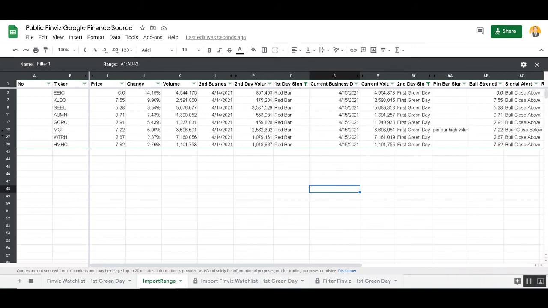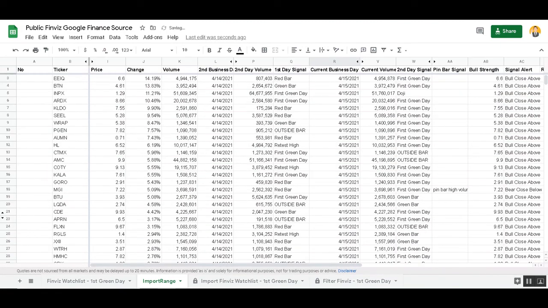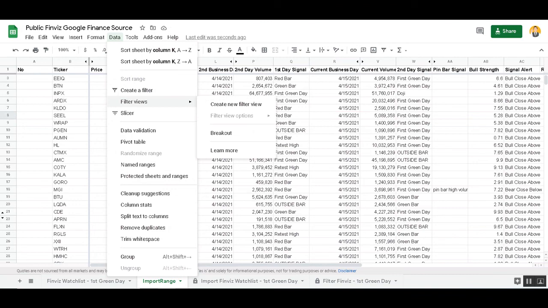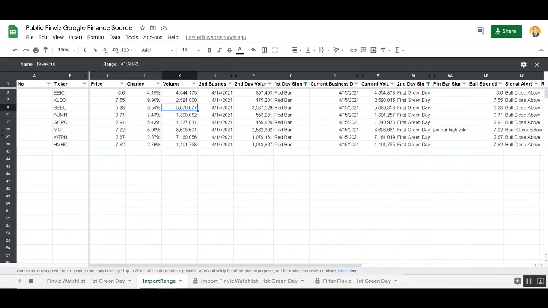Oh, okay, I forgot to take this out. Let me delete this. Okay, we're back to square one. Filter views and breakout. There. So what we have here are prepared, pre-filtered views that you can use in Google Sheets to scan for the setups that you want.